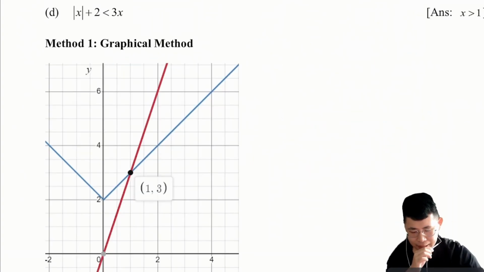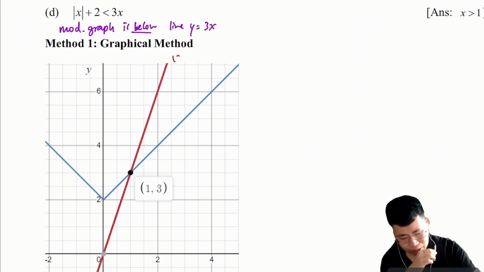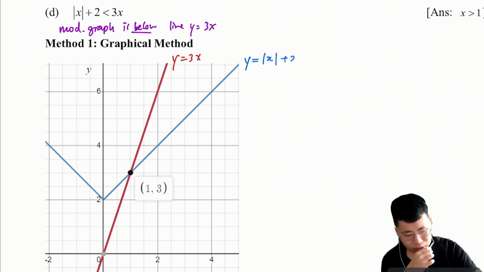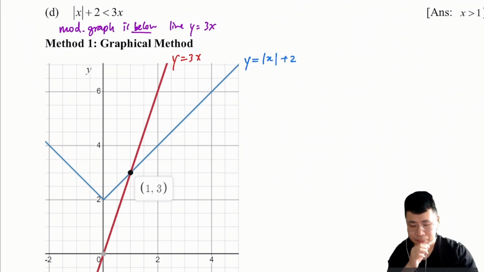Now for part D, let's take a look at the graphical method. Over here, we are looking for the range where the modulus graph is below the line y equals to 3x. So this is the line y equals to 3x, and the blue line is the line y equals to mod x plus 2. When you plot into your GC, you see something like this.